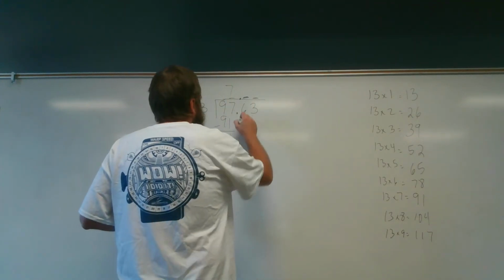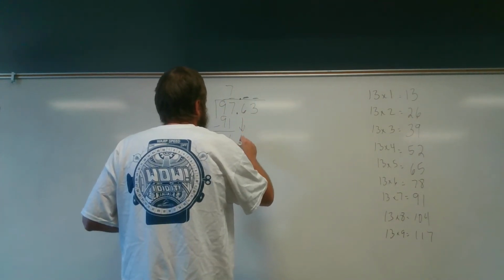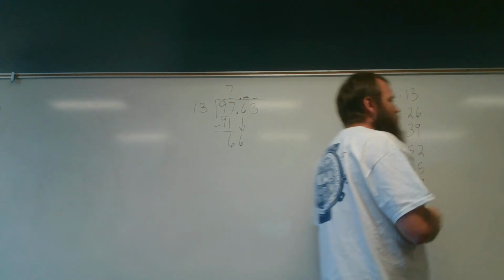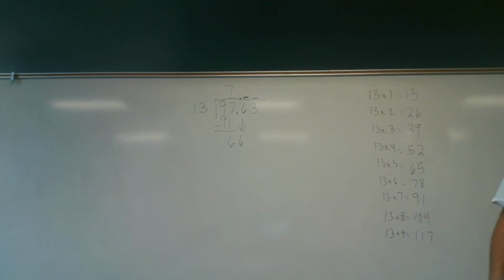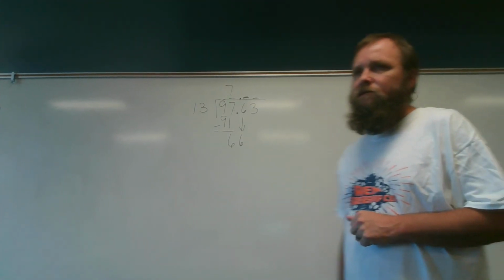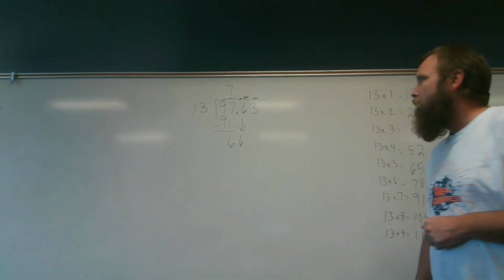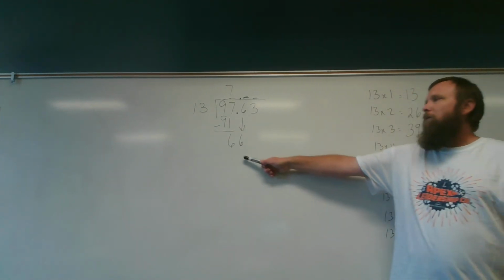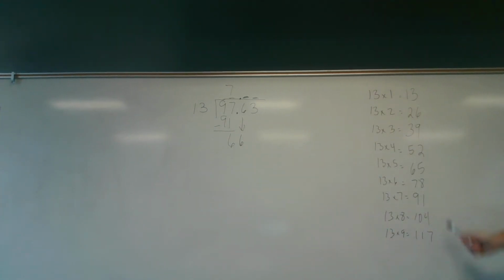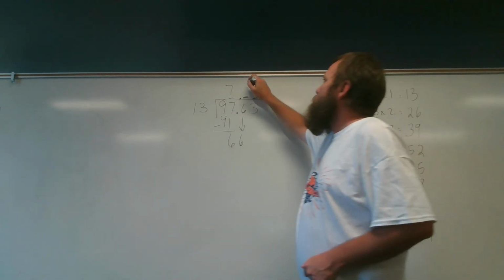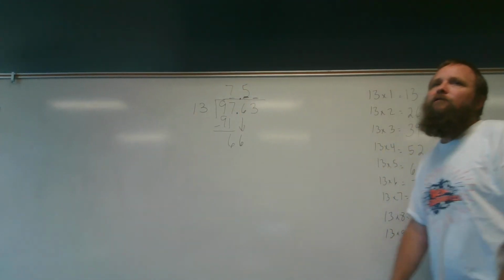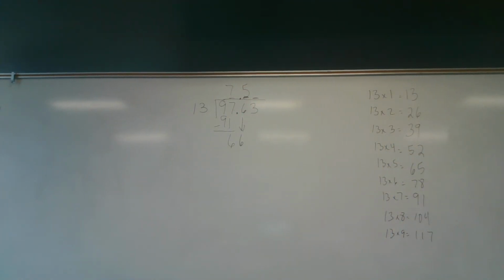So I have the 6 and I bring down the next number. My next number is going to go in the 10th place. JJ, how many times is 13 going to go into 66? 5 times. And JJ, what is 13 times 5? 65.